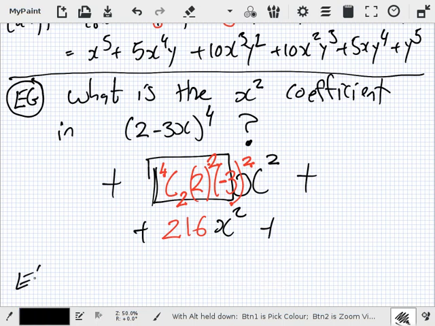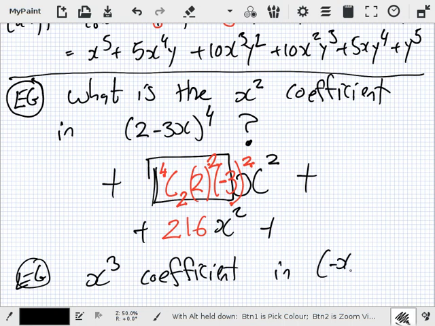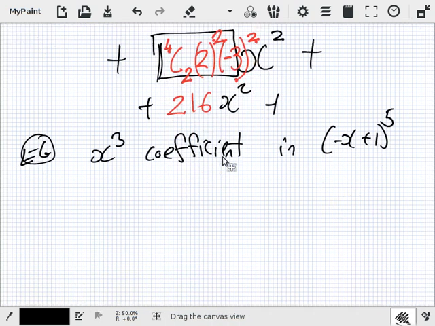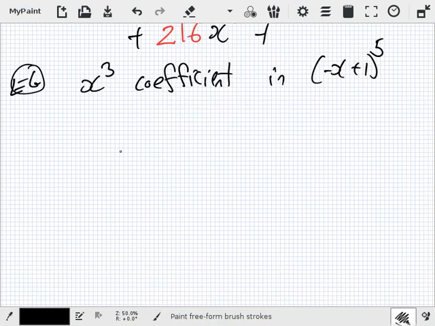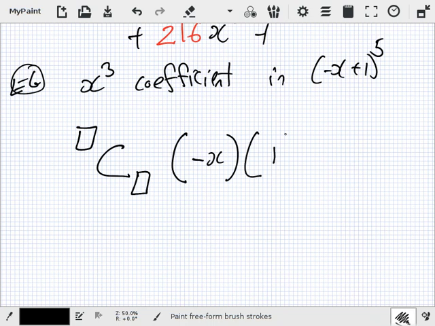So, let's say I want the x cubed coefficient in (-x + 1) to the power 5, as an example. Okay, so, scroll down here a bit. We have a C with a number, a term minus x, a term 1.